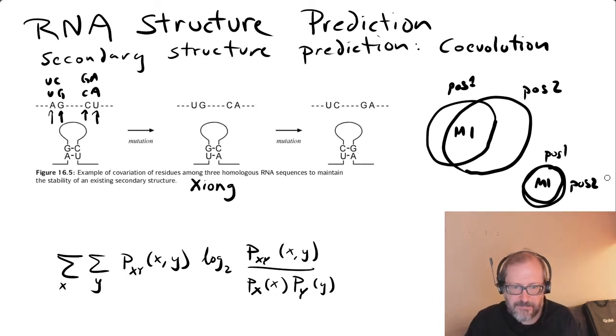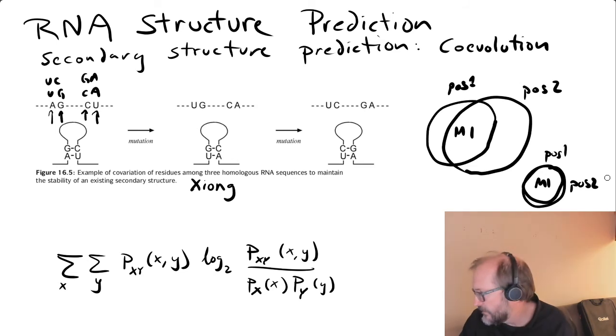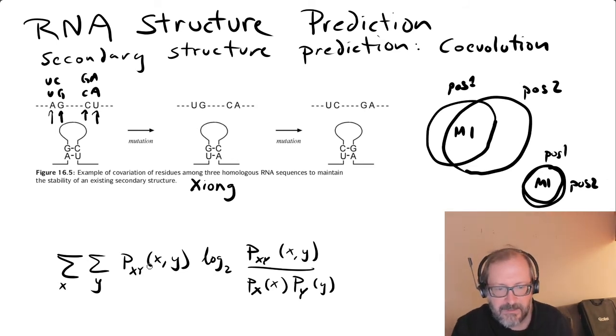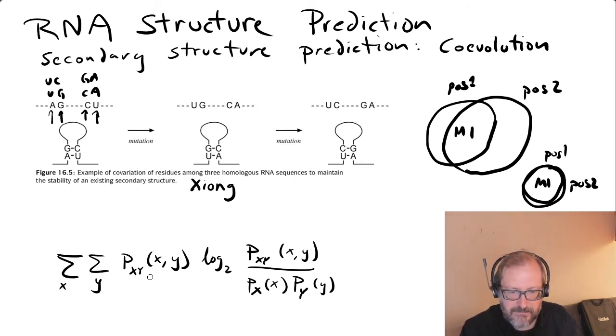The way you would actually compute this is with this formula here. P sub xy of x comma y is the joint probability of x and y, and P sub x of x is the marginal probability of x. P sub y of y is the marginal probability of y.